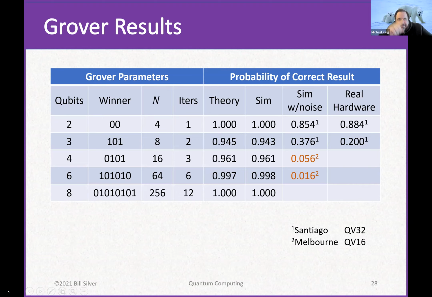I'm a little confused about the theory versus sim columns and why the probability drops, but then goes back up? A great question. So with 2 qubits, the theoretical values are, remember that sine wave that we looked at the last time? And the idea is to find the peak. Well, the sine wave is not continuous. You've got a discrete number of iterations. And it happened that with 2 qubits, you get lucky, and one of the discrete iterations happens to hit 1.0.